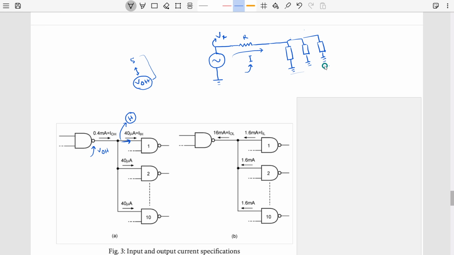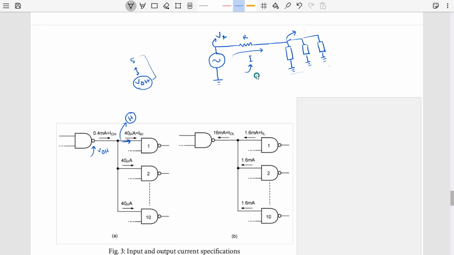They will draw more power, more current. So this will increase, and if this increases, so will this IR drop, right? If the voltage drop increases here, at the receiving end we are not going to get the voltage we would get earlier, because we are drawing more power and more voltage is being dropped at the transmission line.